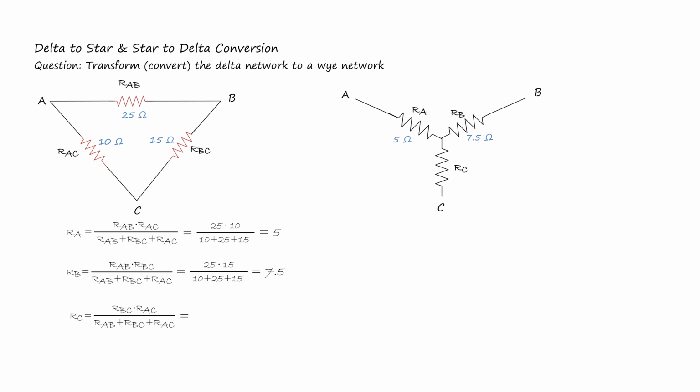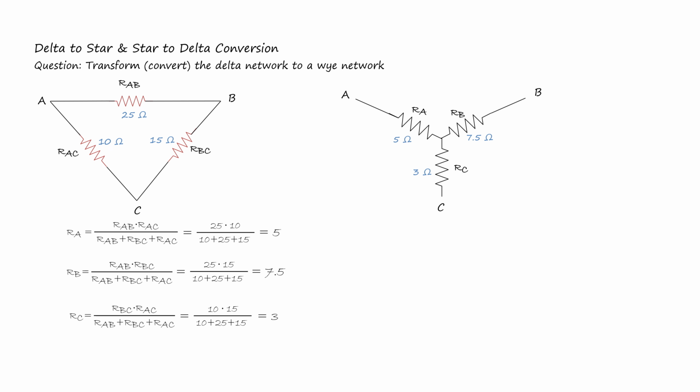So RC is equal to 10 times 15 over 10 plus 25 plus 15, which gives us 3 ohms. So in the Y network, RC is equal to 3 ohms.